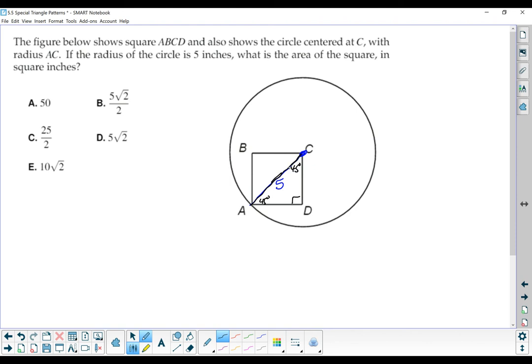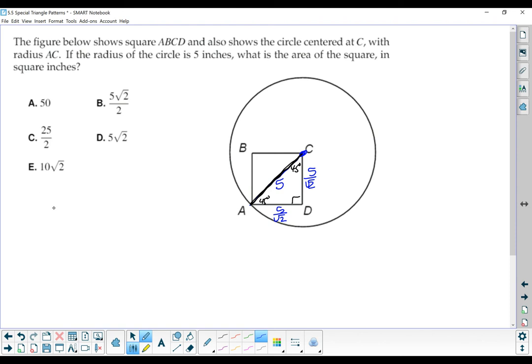So if the diagonal is 5, we're kind of working backwards here. So the side length of the square would be 5 divided by root 2. And the two sides of the square are the same because it's a square.